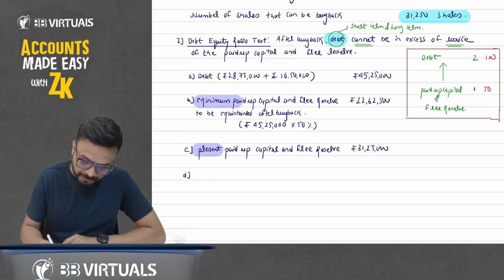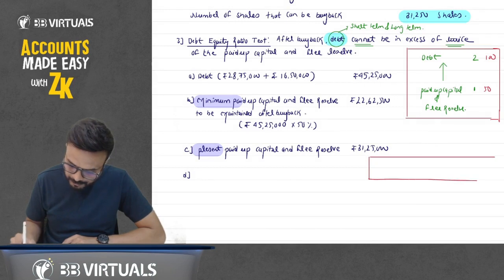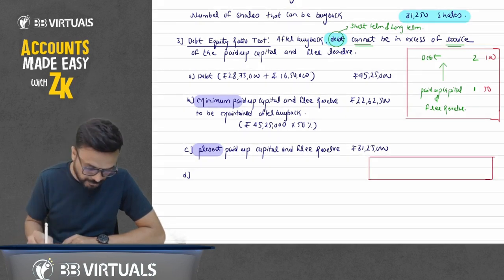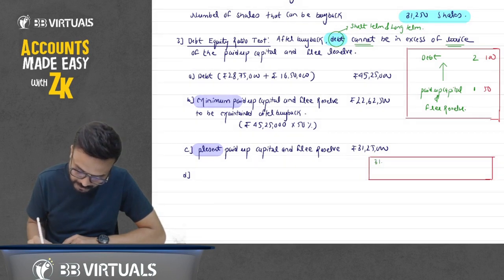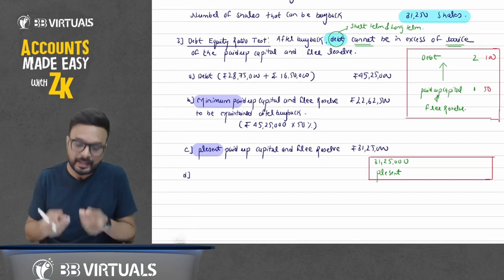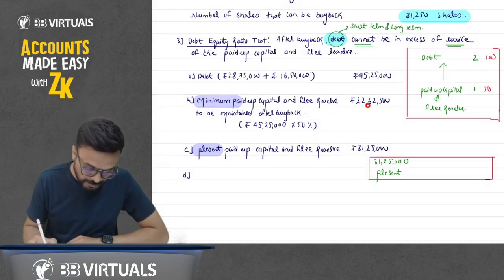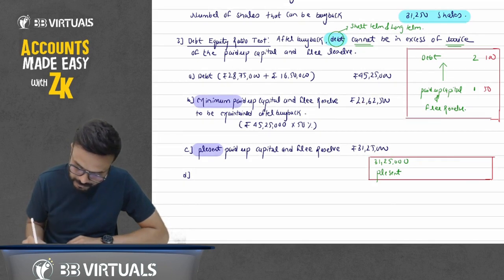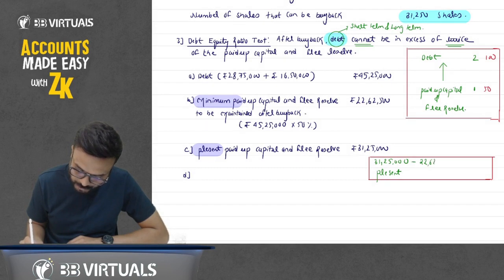How much is the present paid up capital and free reserve? It is 31,25,000. All of you agree? This is the present paid up capital and free reserve. How much should be maintained? 22,62,500 should be maintained.